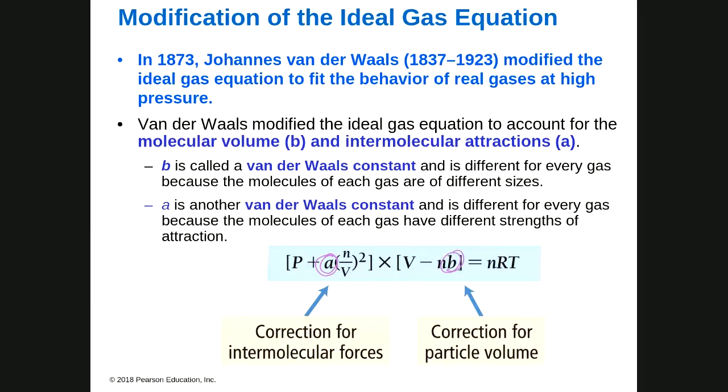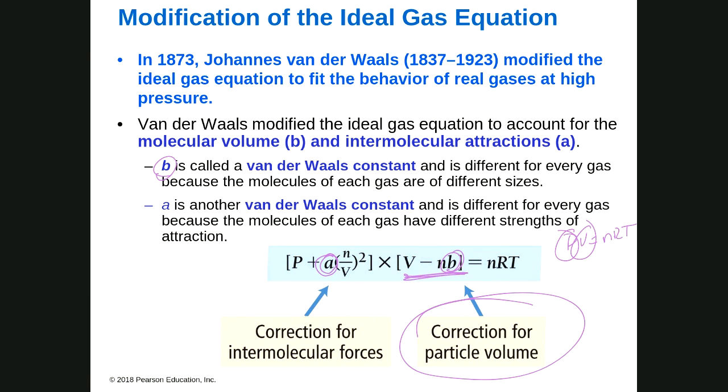Okay, B is van der Waals constant B, and it is based on the size of the molecule. So it's correcting for the volume of the particle. So it's V minus nB, okay? All of these come from PV equals nRT, but we're correcting for pressure on one of them and volume on the other.